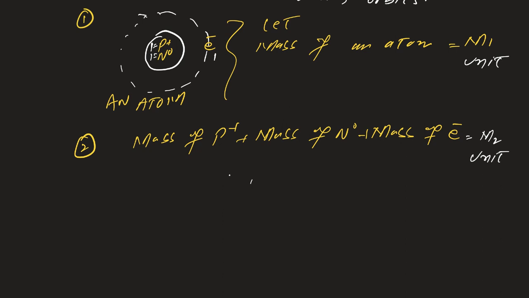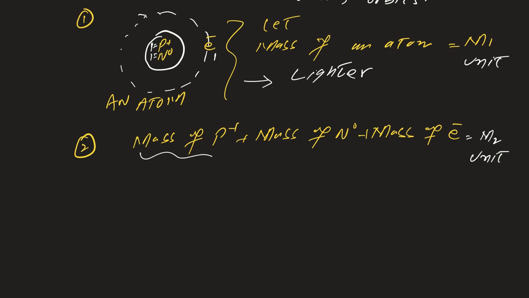According to a layman, if proton, neutron and electron are all together, or if they exist independently, then there should not be a difference. But experimentally it was observed that when the proton, neutron and electron form an atom, they appear to be lighter as compared to their individual masses.